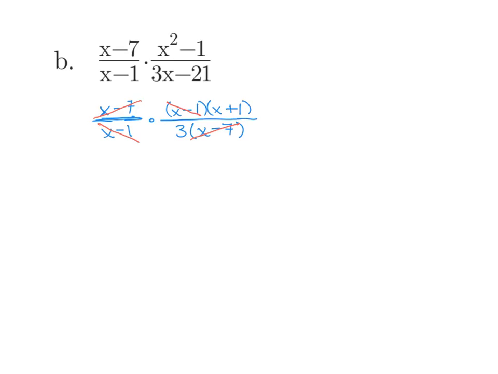So now what is left over? In the top, we have x plus 1. In the bottom, we have a 3. So our final answer is x plus 1 over 3.